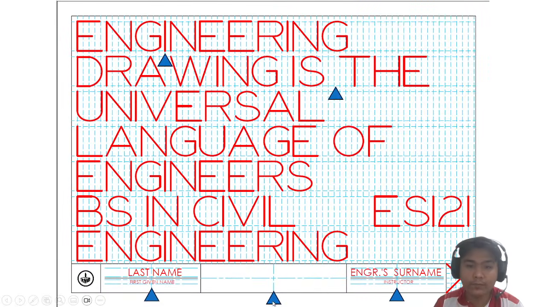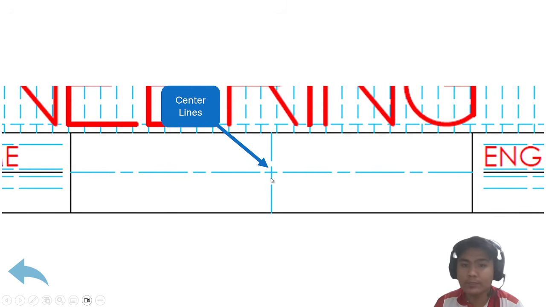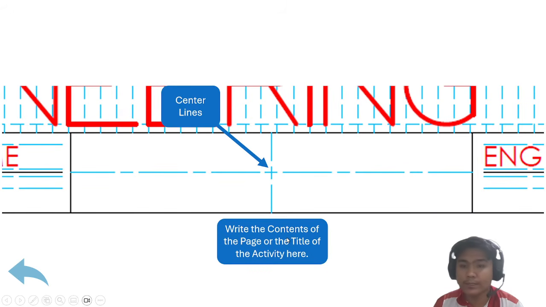And then lastly, we have this one. We also have center lines here. You're going to write the contents of the page, or the title of the activity. What is the title of the activity? Lettering Activity, open parenthesis, Sentence, close parenthesis.